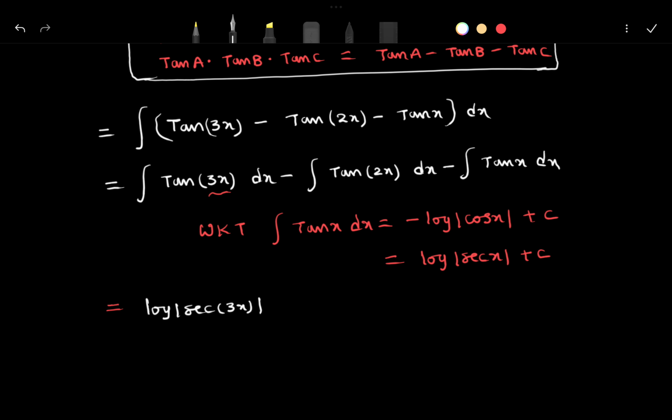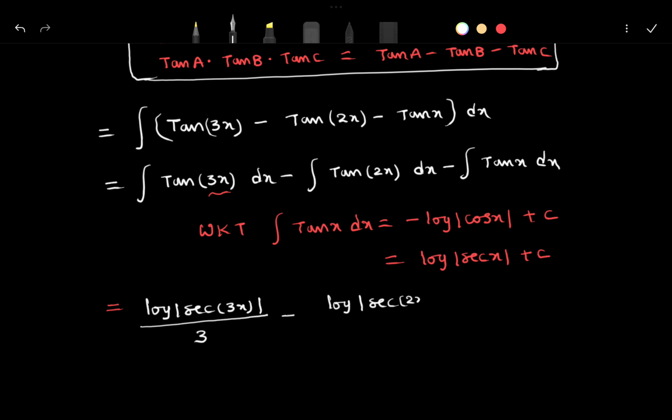After that, instead of x, any other expression, we should divide by the derivative. The derivative of 3x is equal to 3.